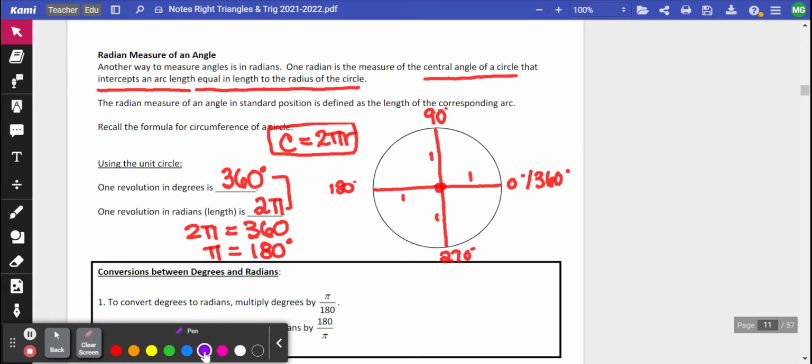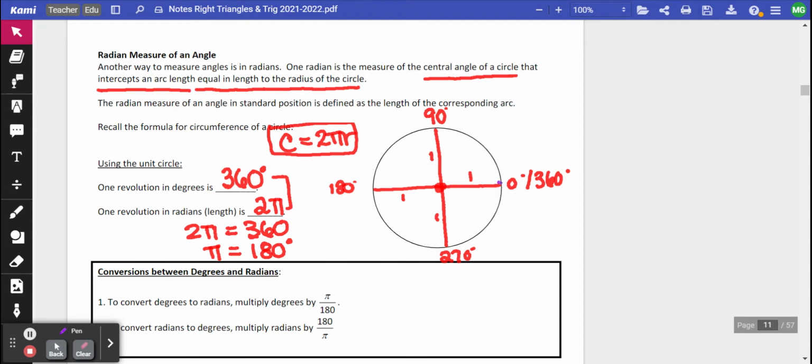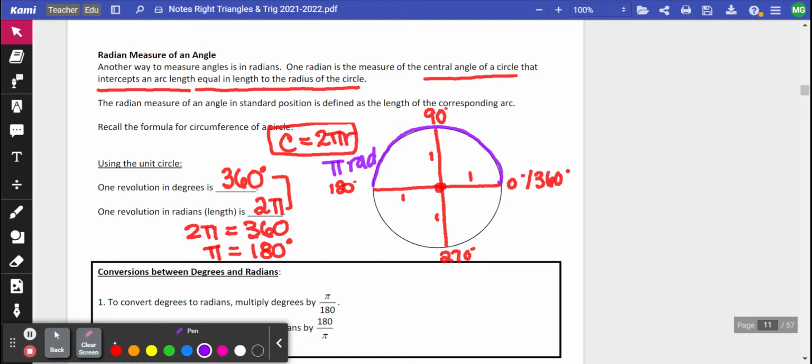So what does that look like? That means that here is equal to pi radians, another way to measure. And the bottom half of the circle, obviously, is also equal to pi radians. So pi and pi all the way around, a full rotation is equal to 2 pi radians.